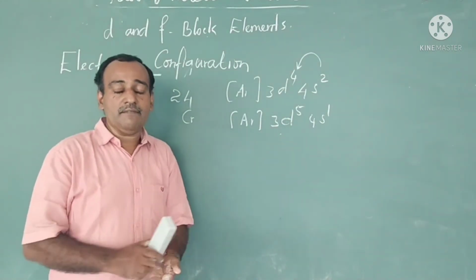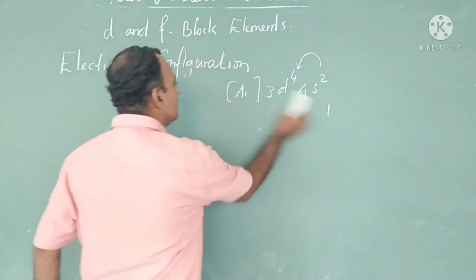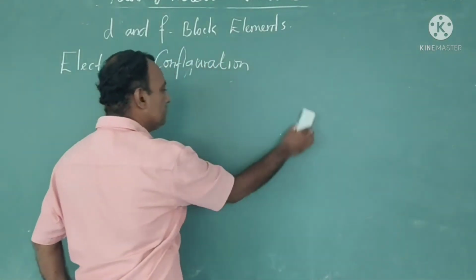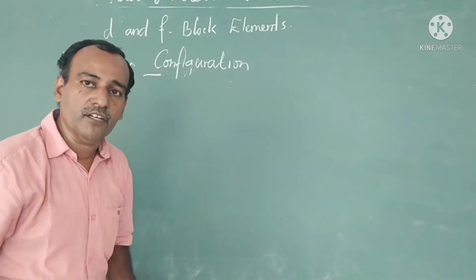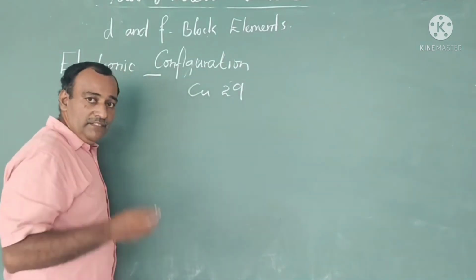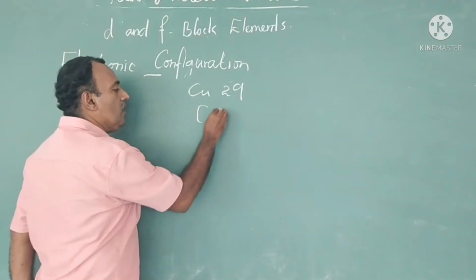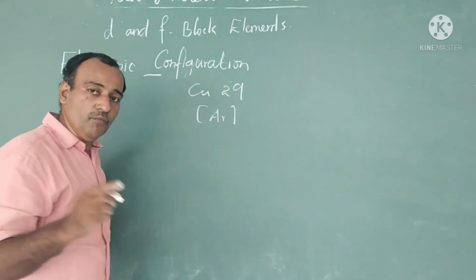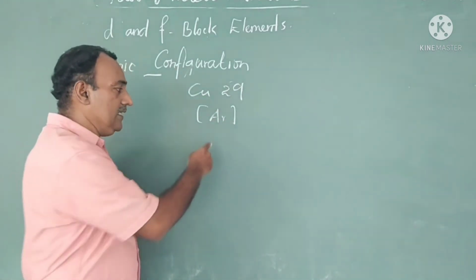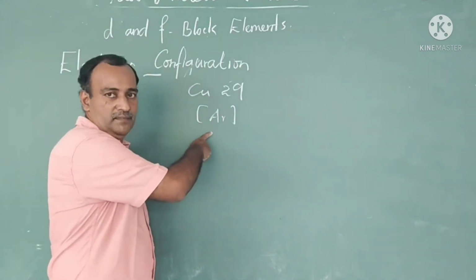The same case we can see in copper also. If you write the electronic configuration of copper, what is the atomic number of copper? Copper, atomic number 29. If you put argon in square bracket, 18 electrons are completed, that means up to the 3p orbital.